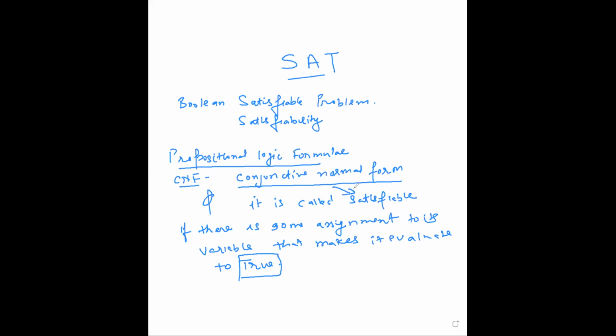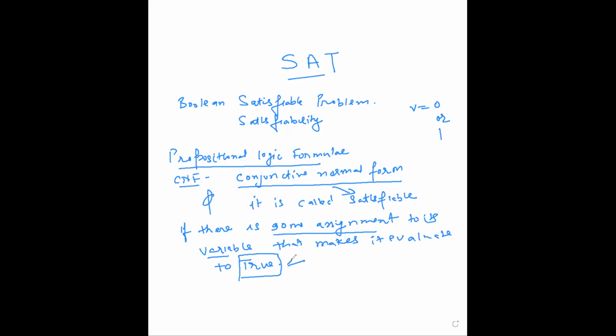We consider this propositional logic formula or CNF to be satisfiable only when there is some assignment to its variables, either 0 or 1, that makes it evaluate to true.